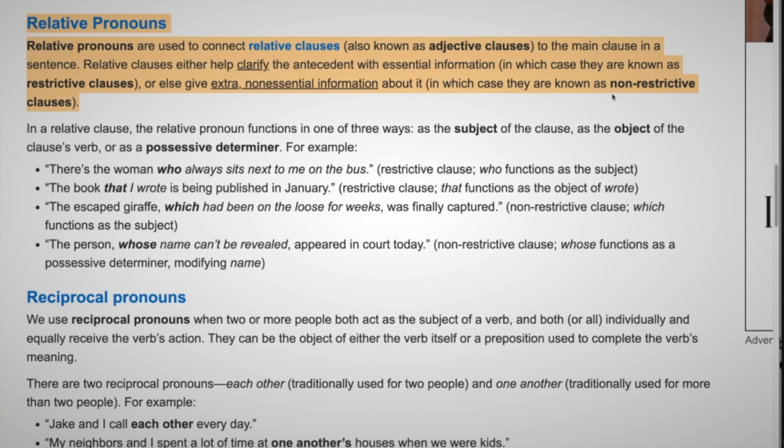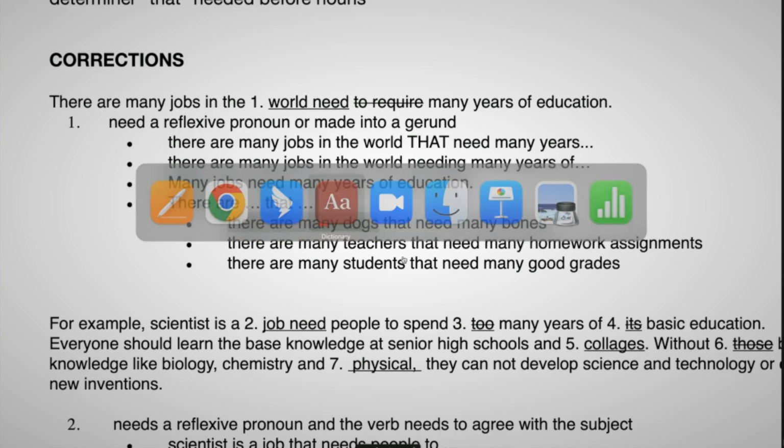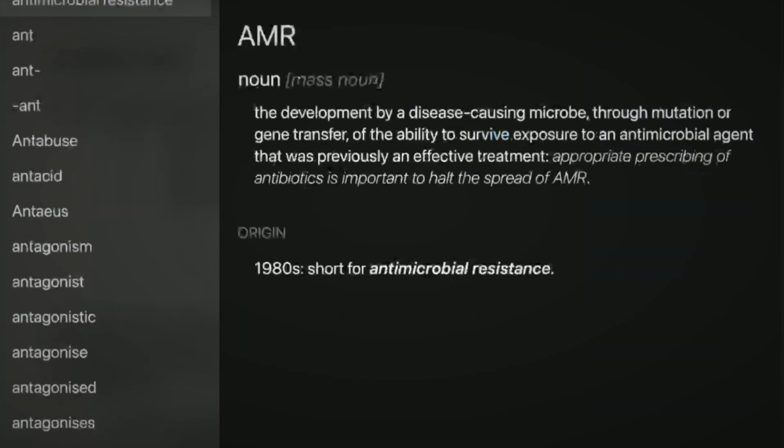In a sentence, relative clauses either help clarify the antecedent. This is the antecedent here.